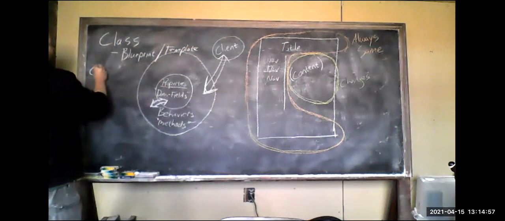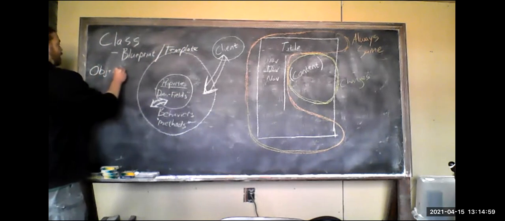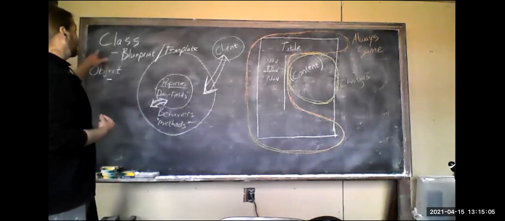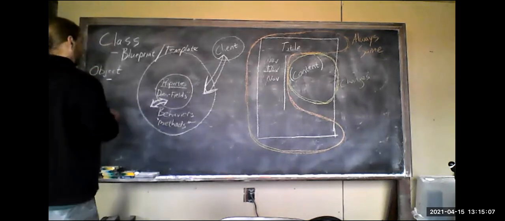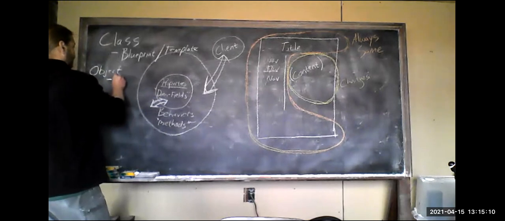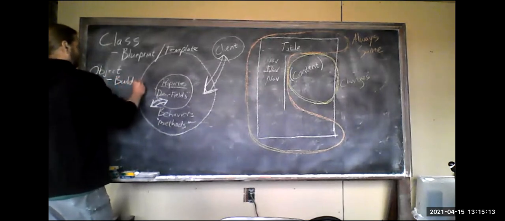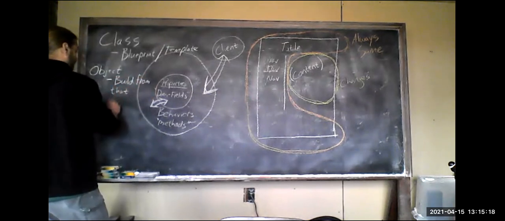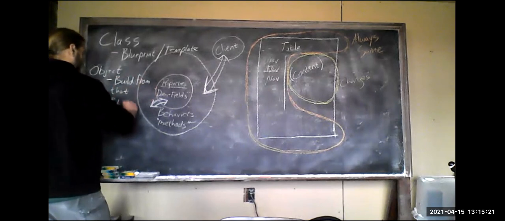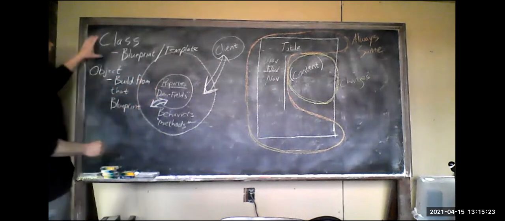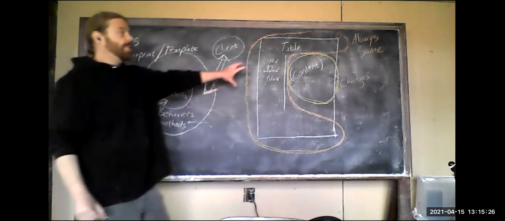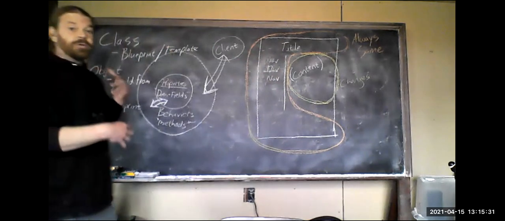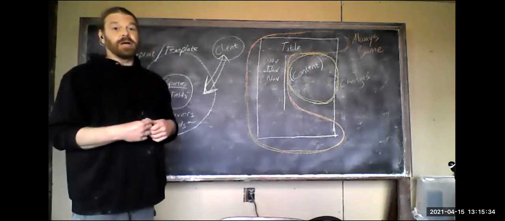And then object, that is when we use the class and build from that blueprint. So we put together a blueprint for what a web page is going to be. And then whenever we need one, we build all the HTML code from that blueprint.